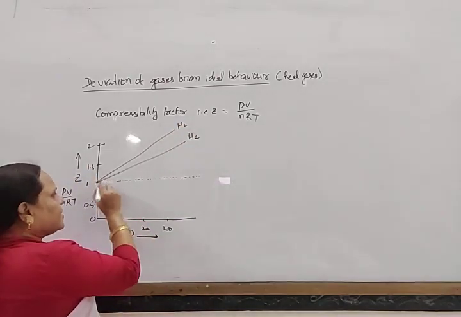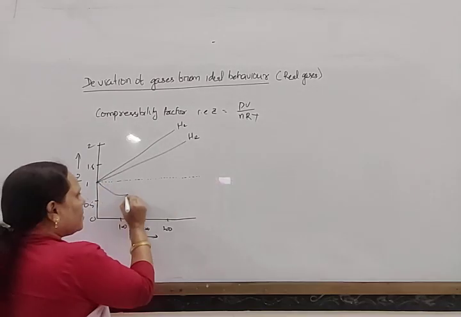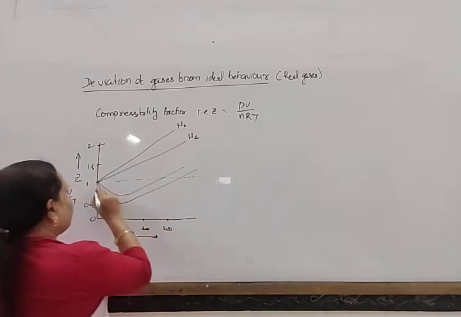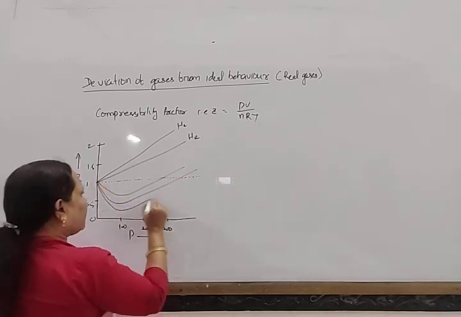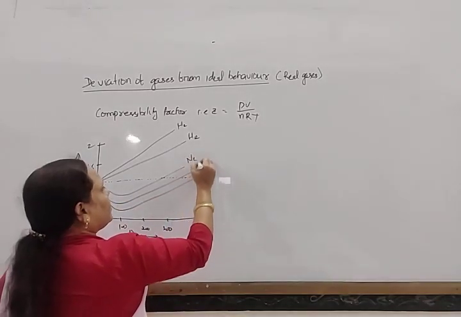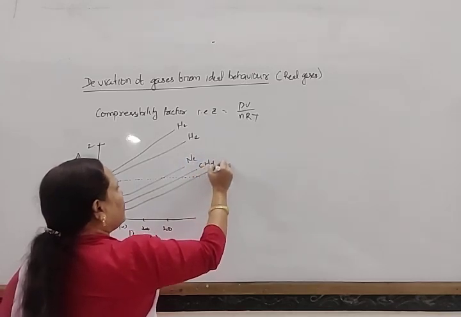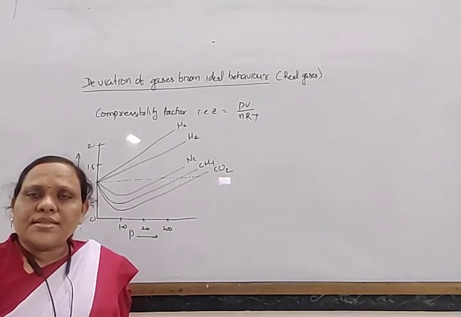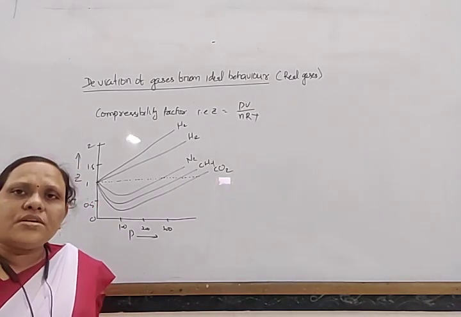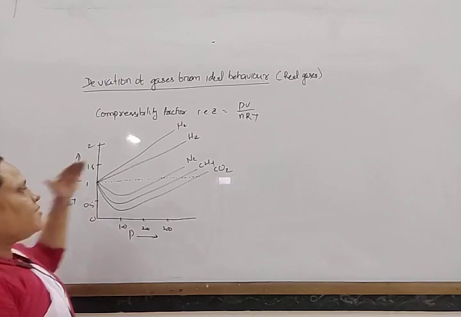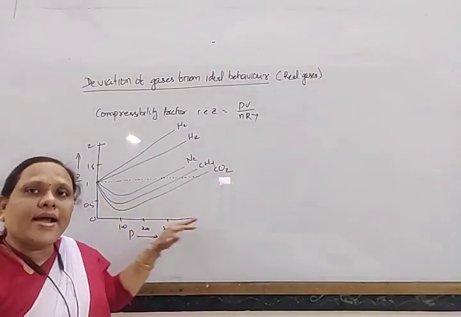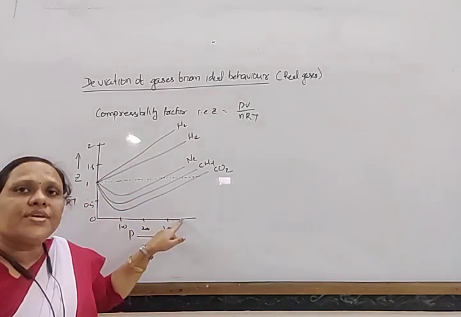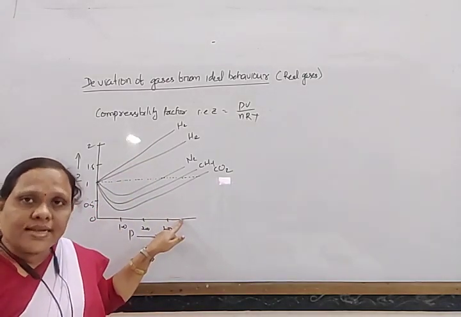Similarly, some gases are found to be like this: nitrogen, methane, and carbon dioxide, in this form. The nature of the curve is found to be different from that of the ideal behavior. This is the behavior of real gases which actually exist.